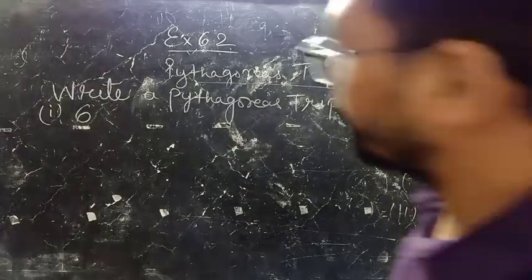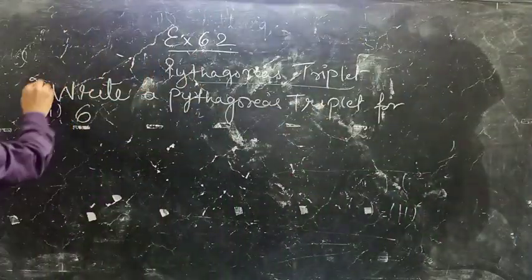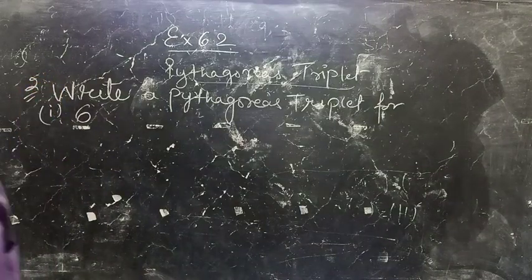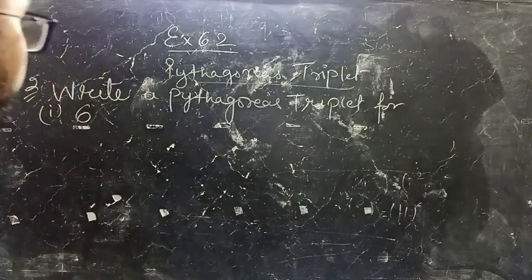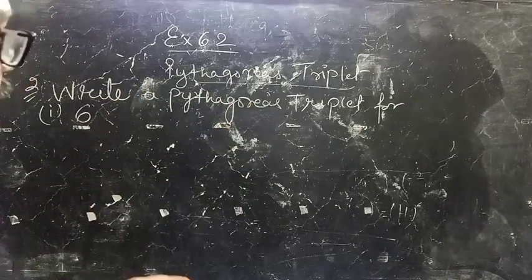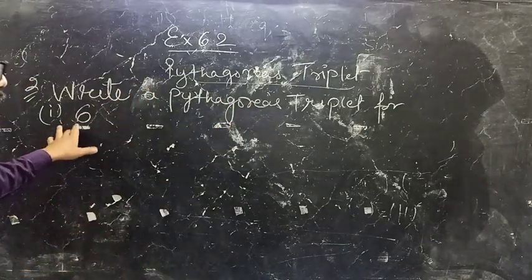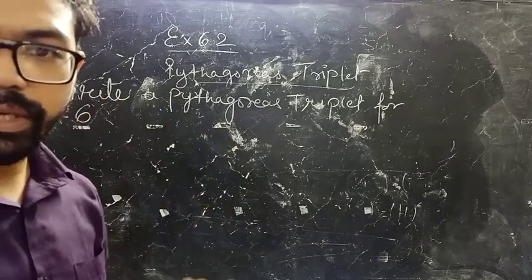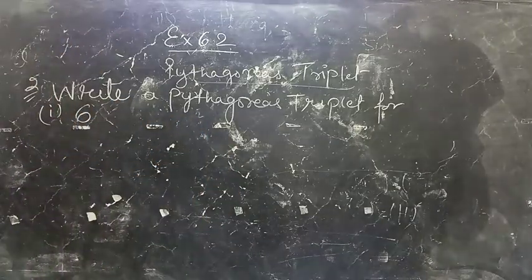Now students, this is question number 2 of exercise 6.2. Write a Pythagoras triplet for 6. Let's say you have a side 6 and you need to find the Pythagoras triplet. How to calculate this?